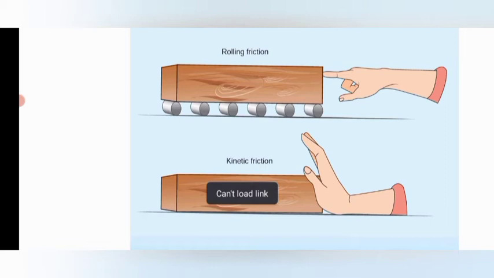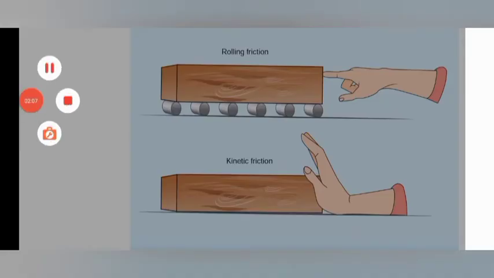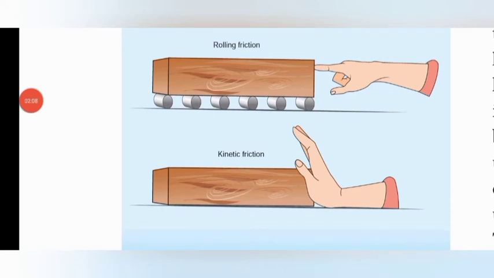Suppose we give only a small amount of force. With the wheel between the object and the floor, it is easy to move. Comparing pictures A and B, the friction is very small in rolling friction.